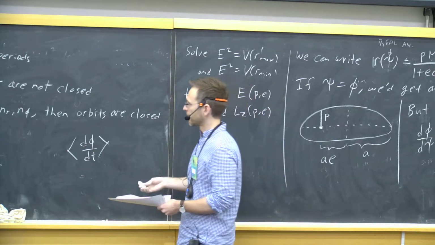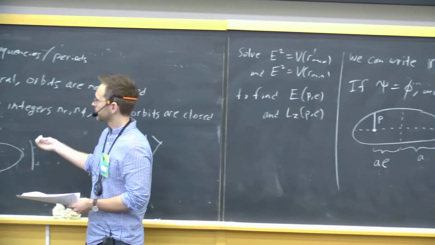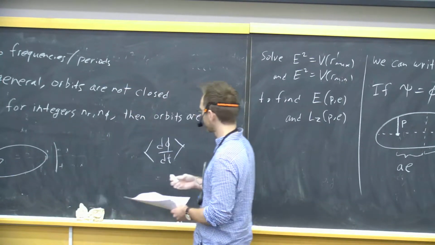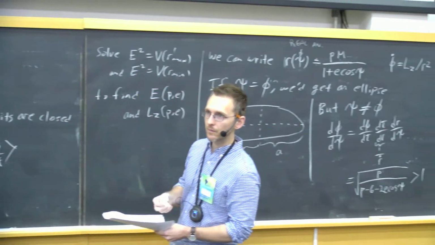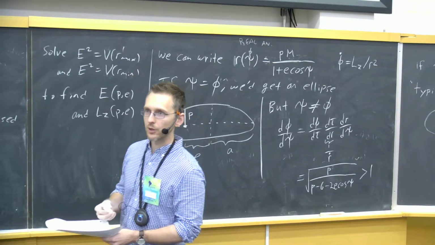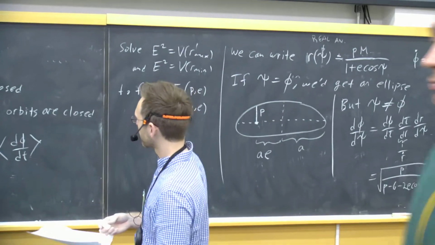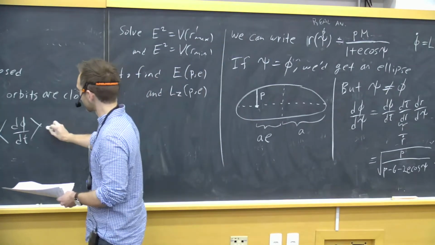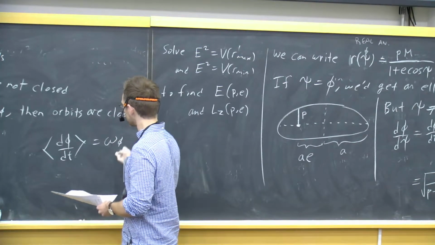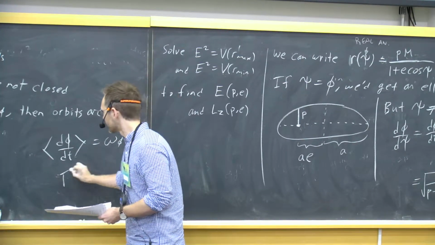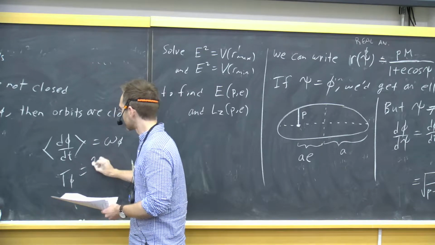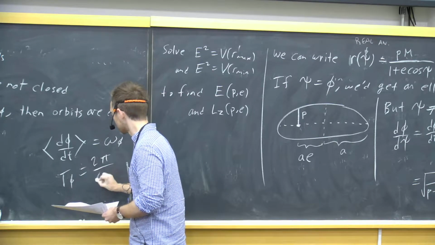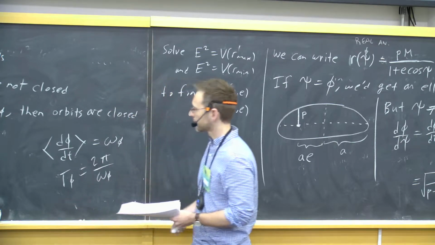Yes, this is the azimuthal frequency, and T_phi is 2 pi over that.